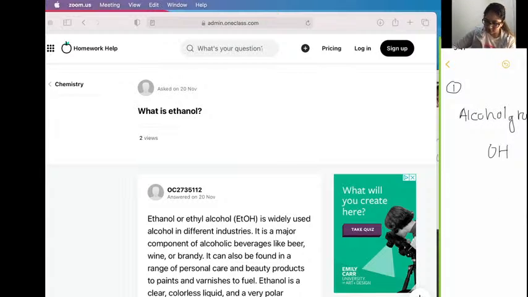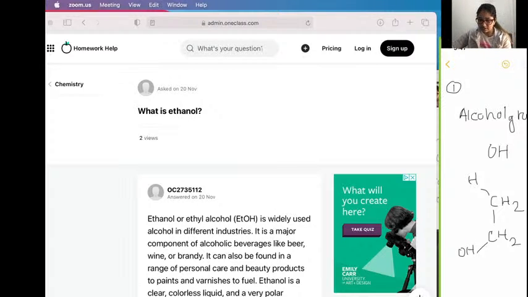So we can draw this out. It has two carbons, CH2, and then we have another H over here, and then we have our alcohol group.